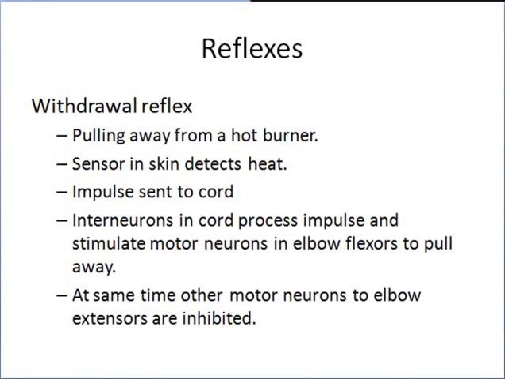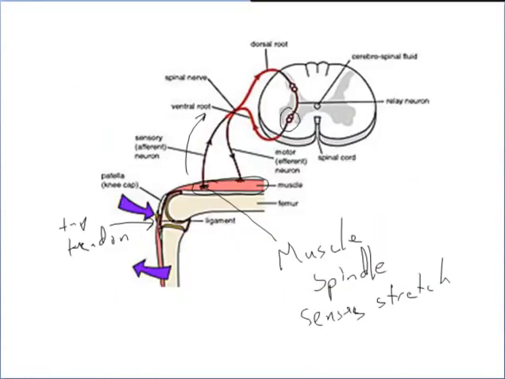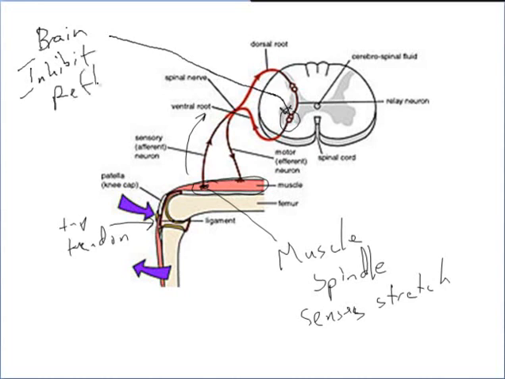The other thing about reflexes is that there is actually some input from the brain. So there is some brain input here into the reflex. And the brain's input is to inhibit the reflex. So the brain will inhibit the reflex.